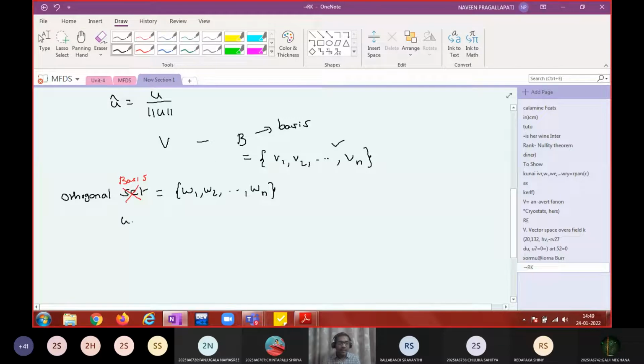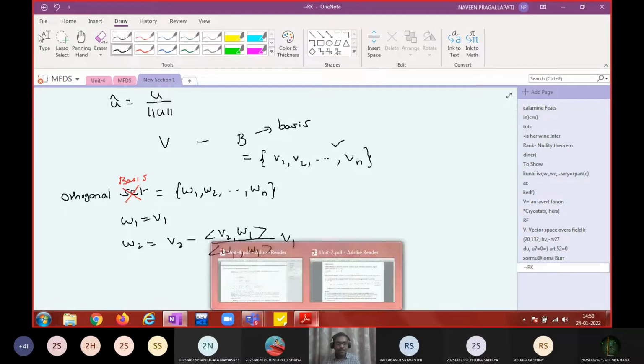You take w1 as v1 and w2 as, what is w2? v2 minus the inner product of v2 with w1 divided by the inner product of w1 comma w1, into w1.